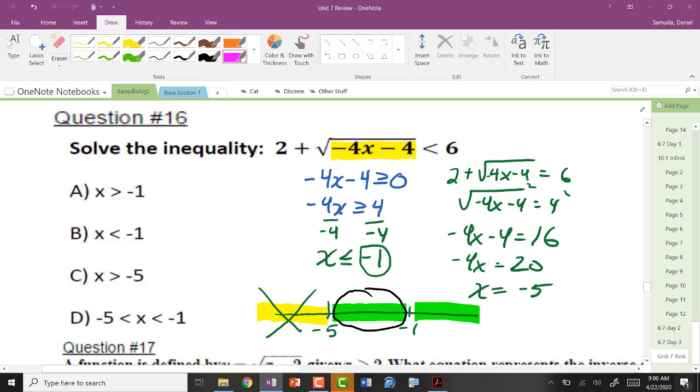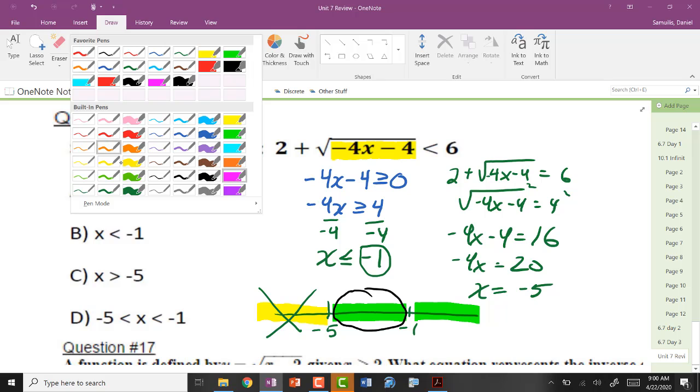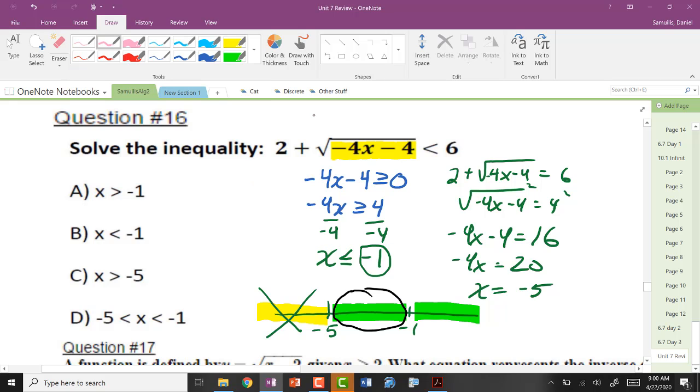Pink. So we have 2 plus negative 4 times 0 minus 4 is less than 6. 2 plus a negative 4. Square root of negative 4 is impossible for a real solution, so this is out. So my solution has to be between negative 5 and negative 1.